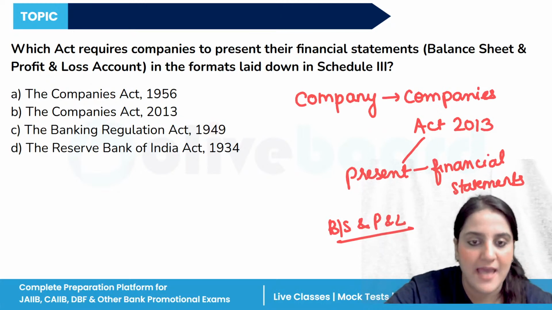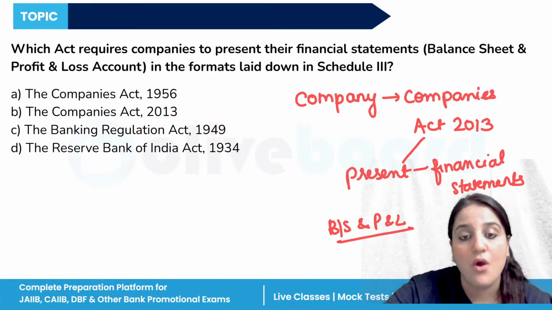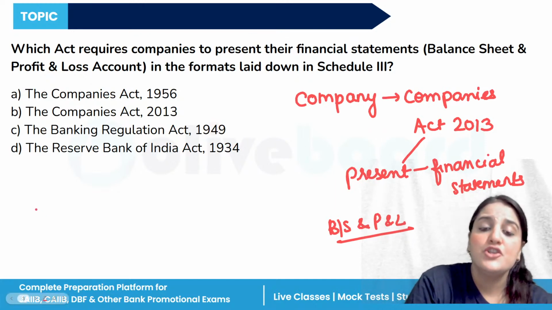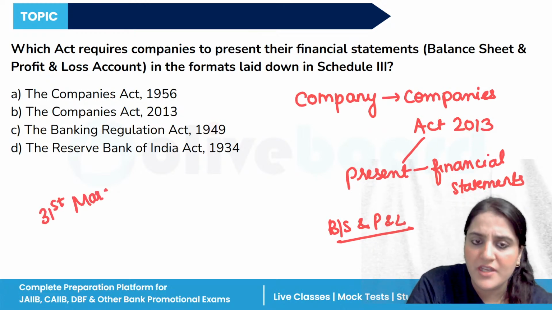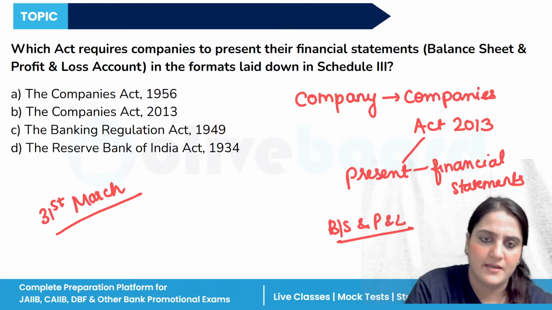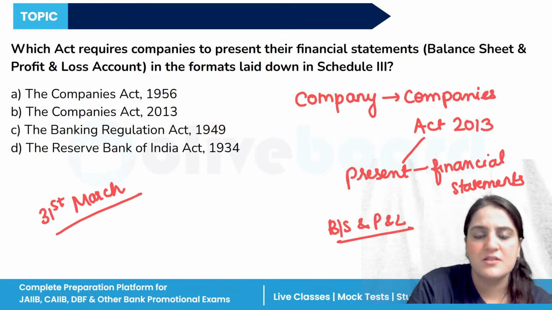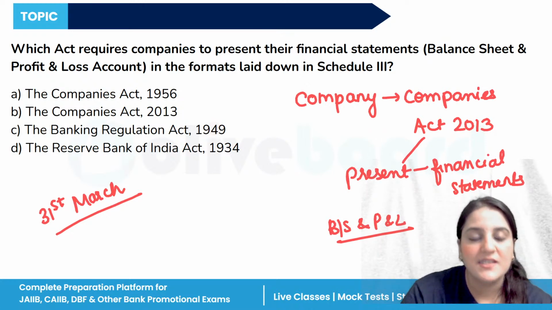of the Companies Act. And also the government notified that the accounts of the banking companies shall be closed on 31st March every year as against 31st December earlier. Okay, 31st March is now notified for closing the accounts of the banking companies.